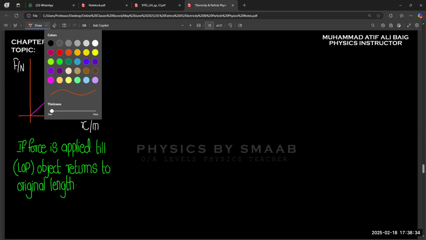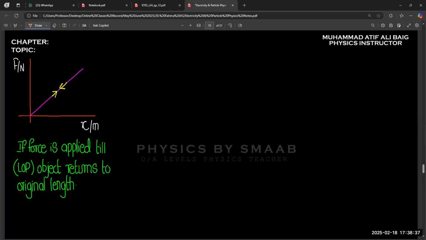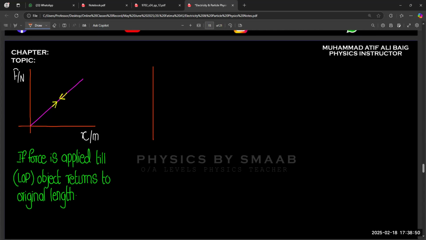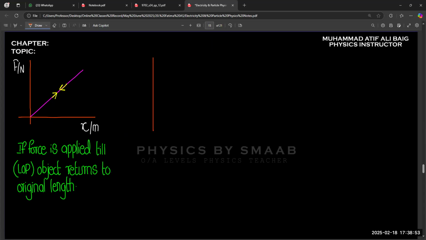And if we consider one more graphical representation, in which we load the spring till the limit of proportionality, let's see what will be the graphical representation then. So for example, in this graphical representation, we have load on the y-axis and extension on the x-axis.